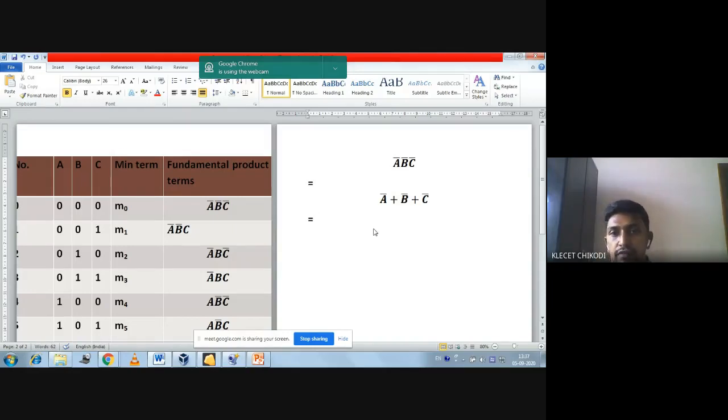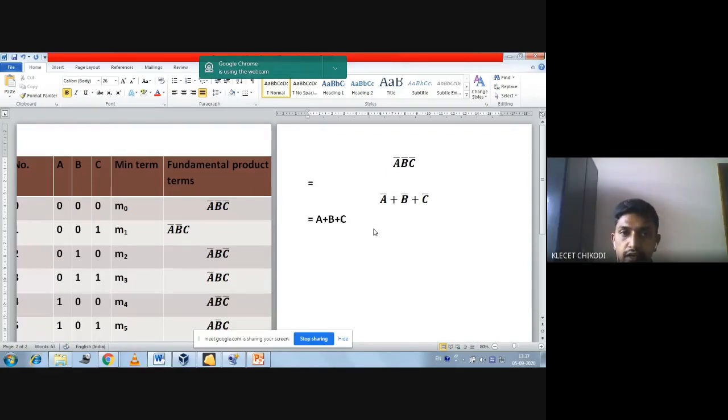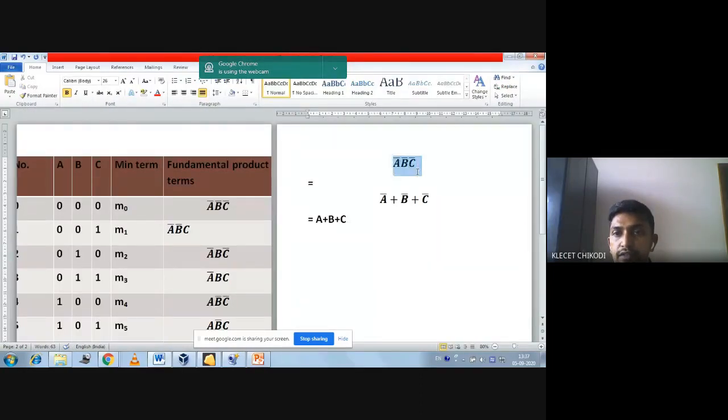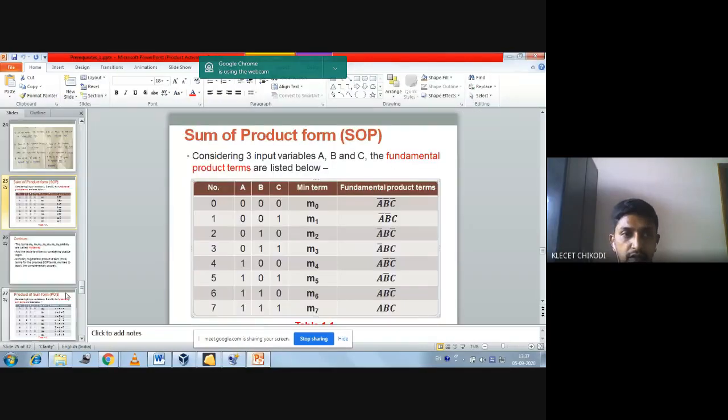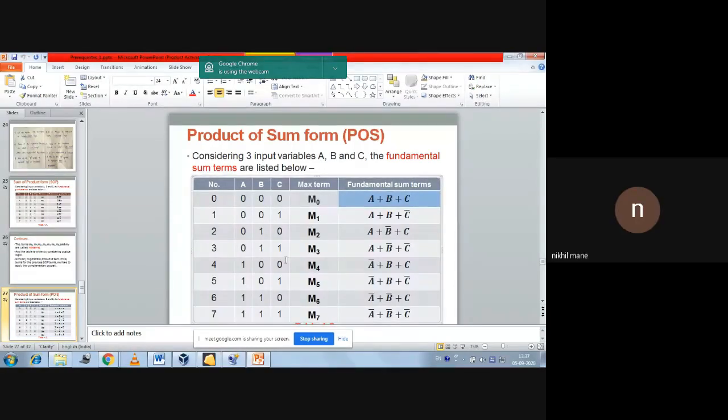If you take the complement of A bar, it will be A. The complement of B bar will be B, and the complement of C bar will be C. So for A bar, B bar, C bar, the respective POS term is A plus B plus C. Is it clear?